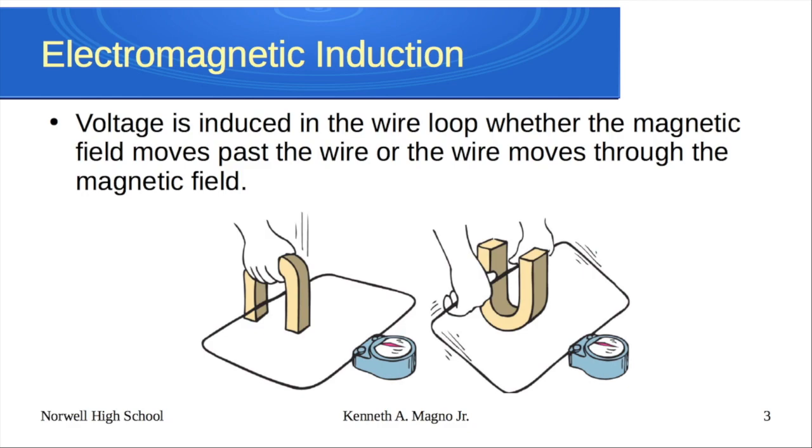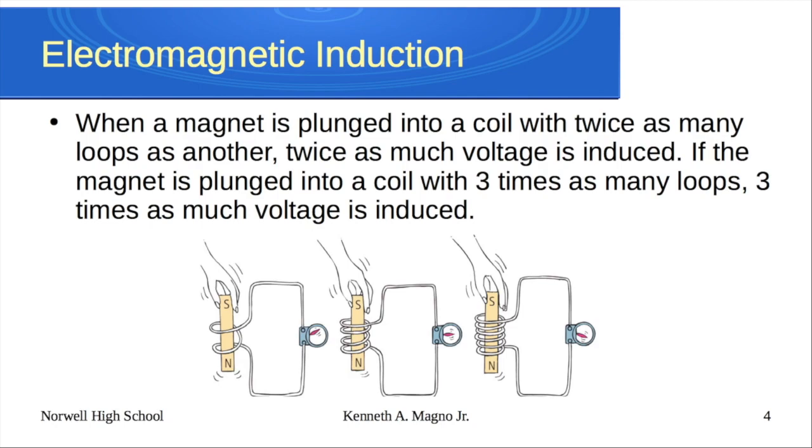In either case, the magnetic field going through that coil is changing. If I've got twice as many coils, I'm going to get twice as much voltage. If I get 3 times as many coils, I'm going to get 3 times as much voltage, as I'm moving it in and out of the coils.